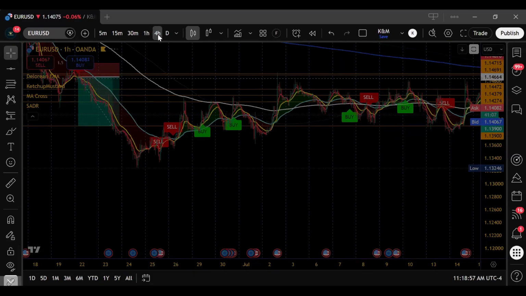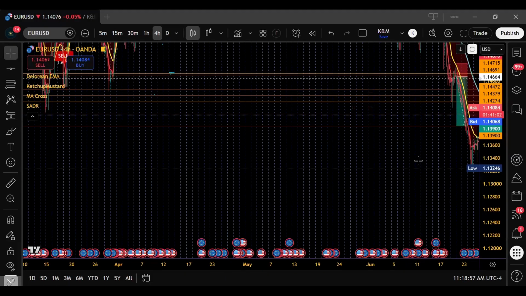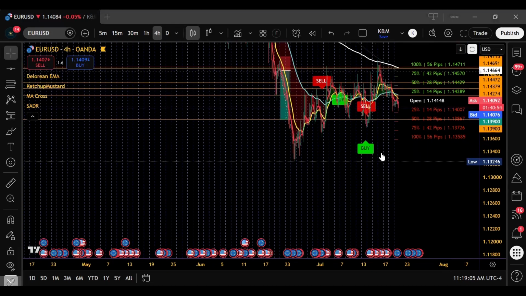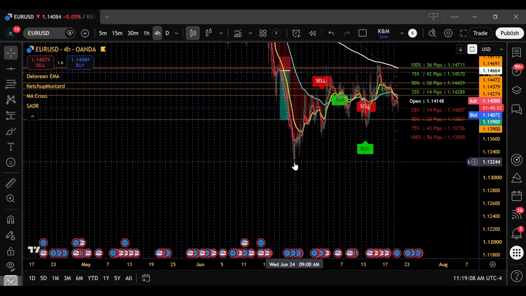I will hit my 4-hour chart. This is what it would actually look like if I was actually doing this. I know that this is the last spot I was just at. I could save this spot right here. Let me see, I'm gonna put me a line right here.